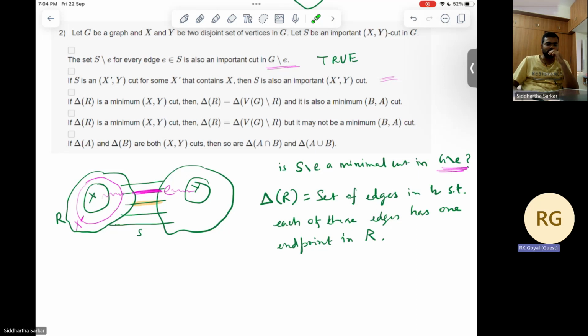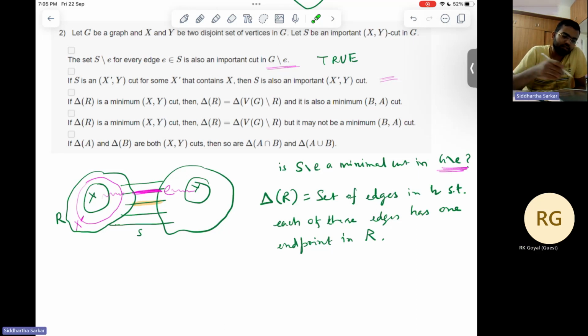They mean to say that if delta R is minimum, then the cardinality of delta R, the number of edges emanating from the vertices in R, is the same as delta of the rest of the vertices.